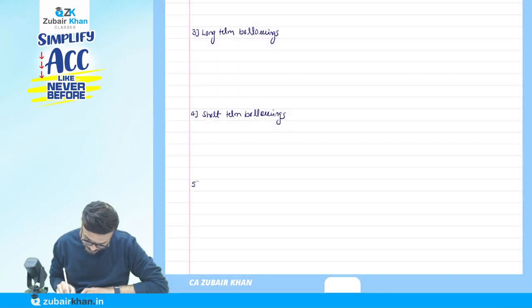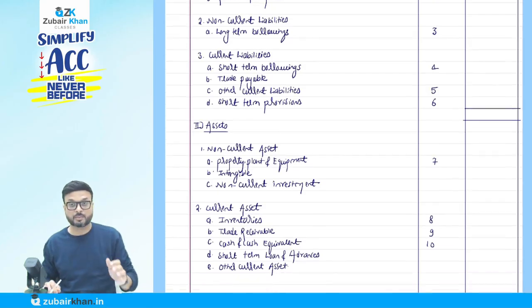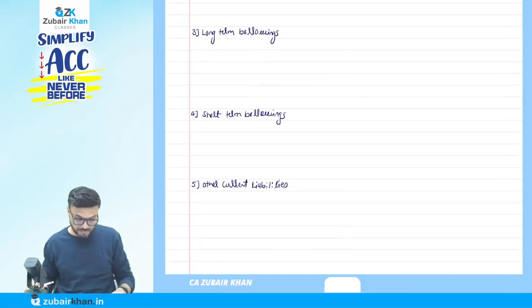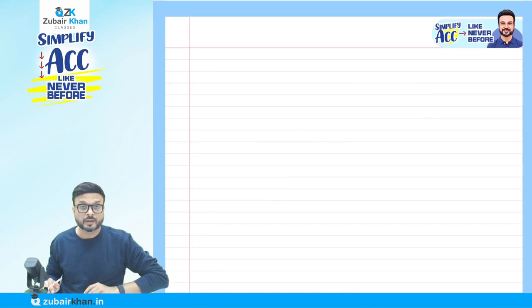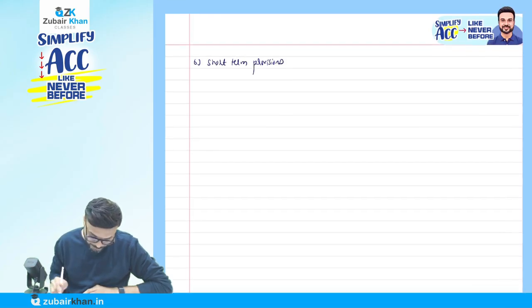Then 5th one is other current liabilities. Then 6th is short term provisions. Now space of 3, 4 lines.